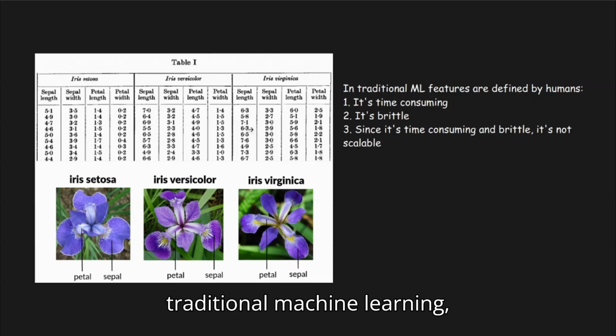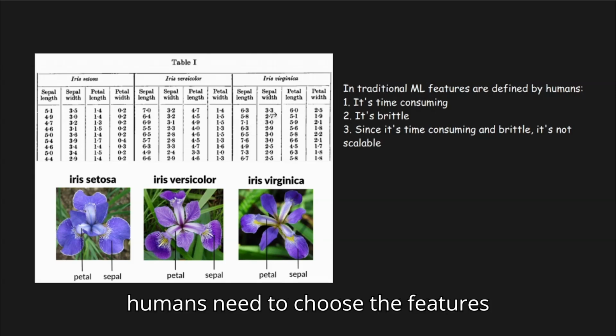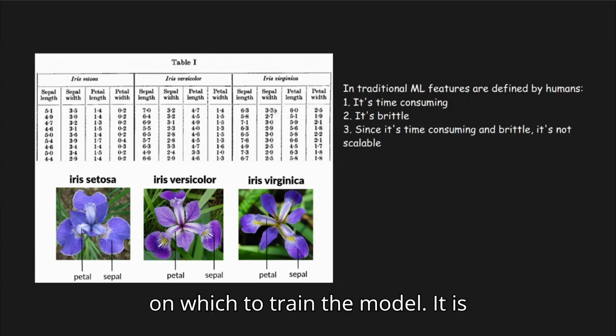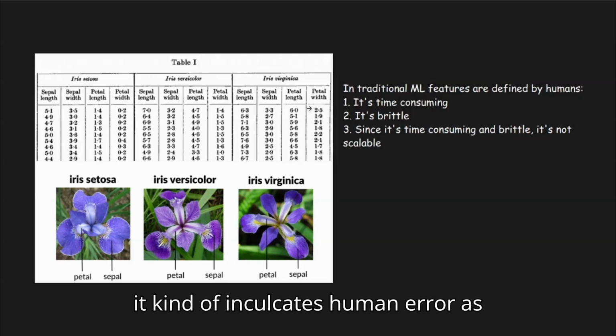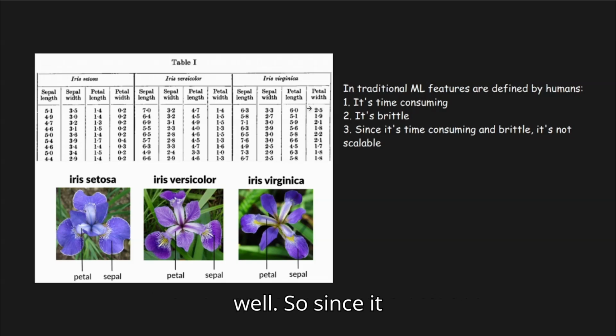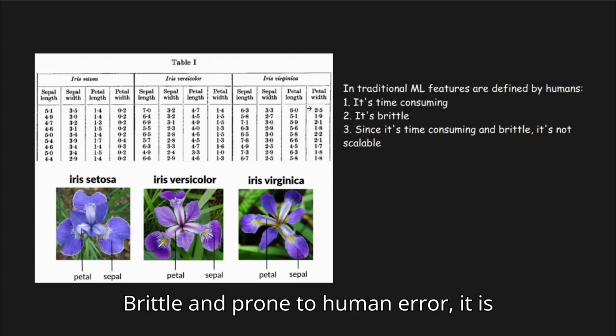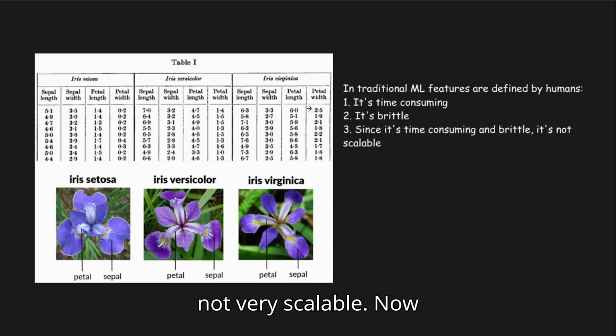In traditional machine learning, humans need to choose the features on which to train the model. It is, one, time consuming, and two, brittle because it inculcates human error as well. Since it is time consuming, brittle and prone to human error, it is not very scalable.